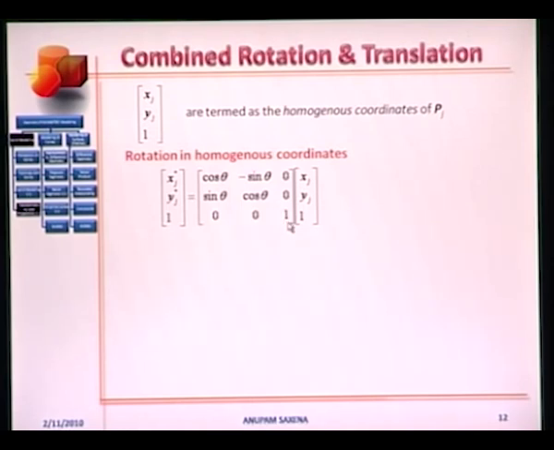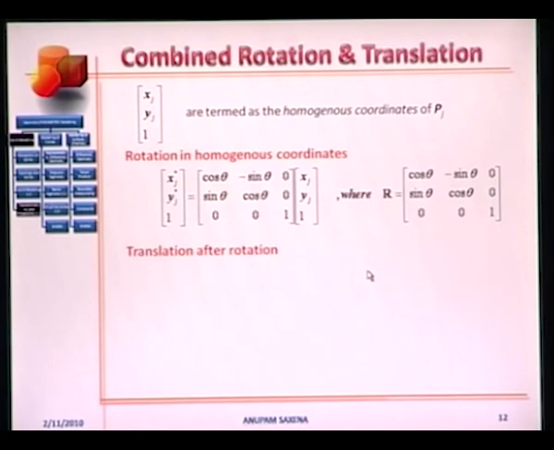The 3 by 3 entry in this newly constructed rotation matrix is 1. xj, yj, 1 are the homogeneous coordinates of Pj, mentioned earlier. R is now my new rotation matrix with elements cosine theta, minus sine theta, 0, sine theta, cosine theta, 0, 0, 0, 1. It's 3 by 3 in size.